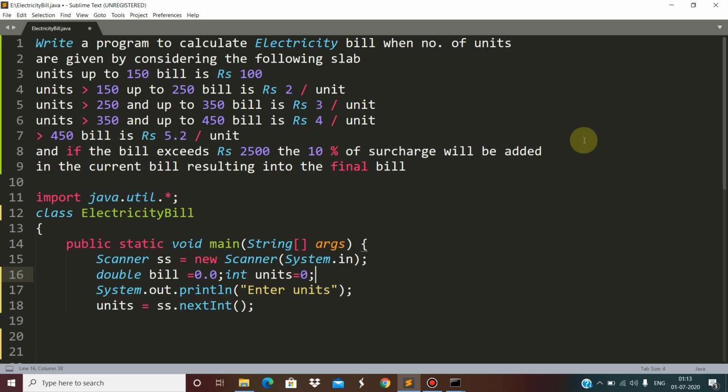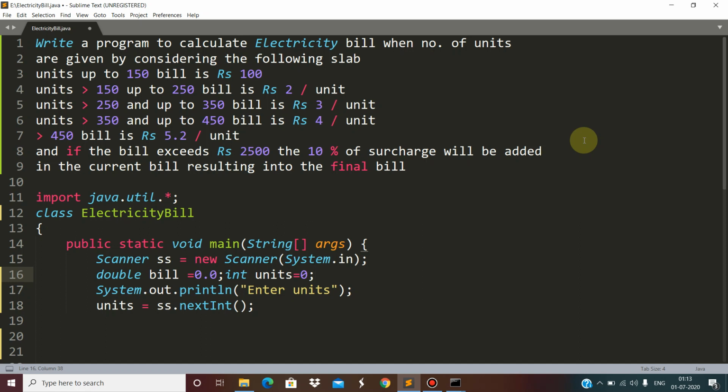Units more than 150 and up to 250, the bill is rupees 2 per unit. Units more than 250 and up to 350, the bill is rupees 3 per unit. And units more than 350 and up to 450, the bill is rupees 4 per unit. And if it is more than 450 units, then the bill is rupees 5.2 per unit.